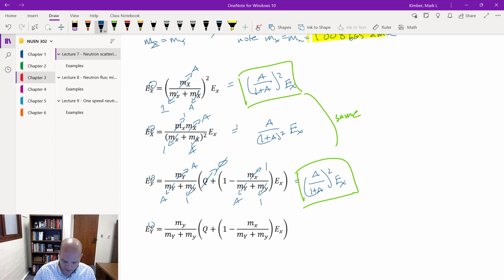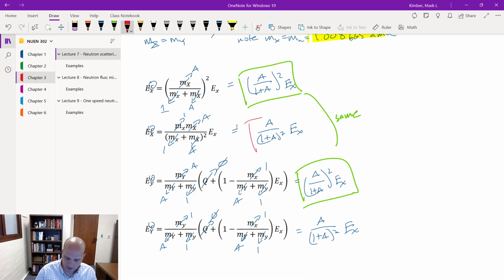So finally, I've got my heavy particle. This is 1, this is A, this is 1, Q is 0, 1, A, and 1. And I'll find out that this is A over (1 plus A) squared times EX.